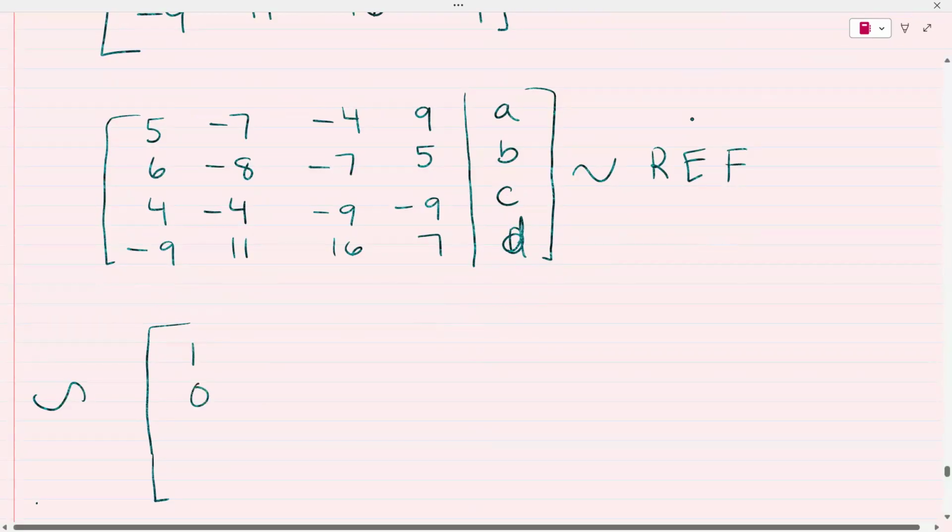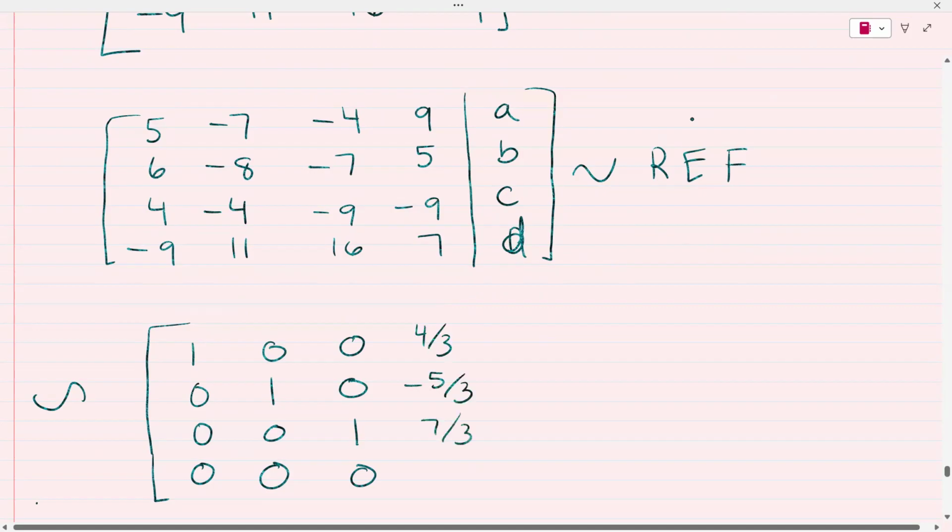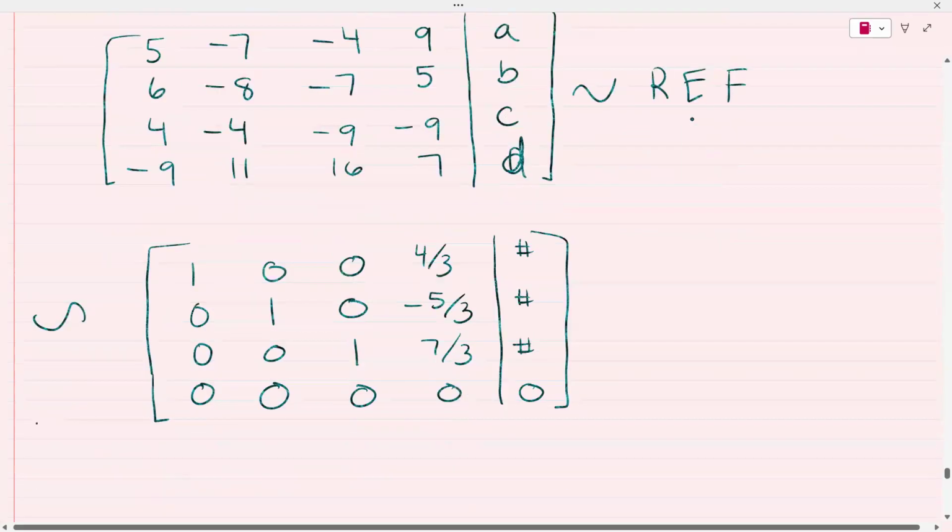But when I did it, I get one, zero, zero, zero, and then this would be a number, this would be a number, this would be a number, and then this would be a zero. Okay, so we only have three pivots, but we need four.